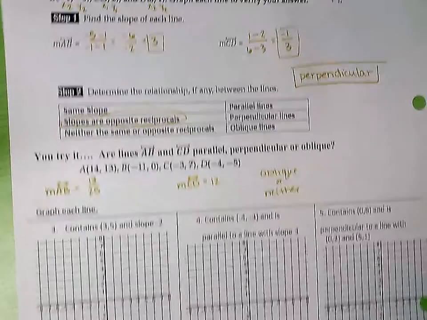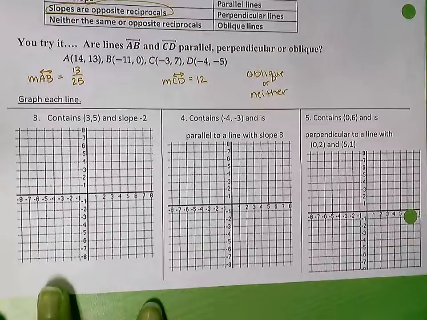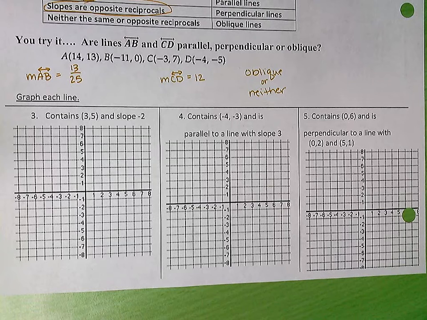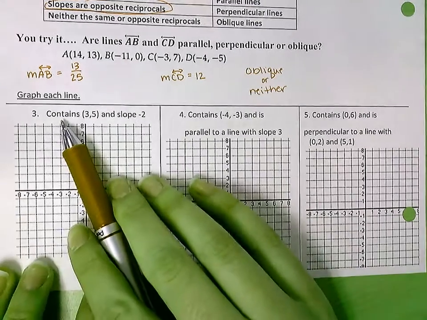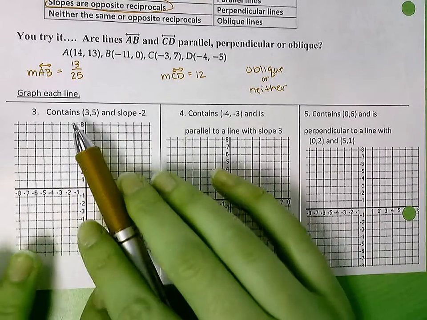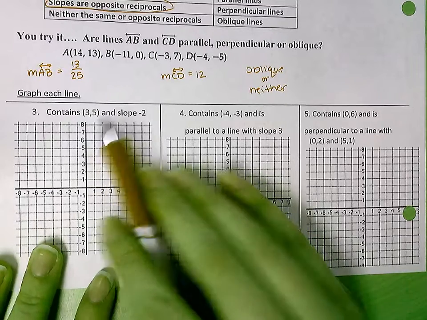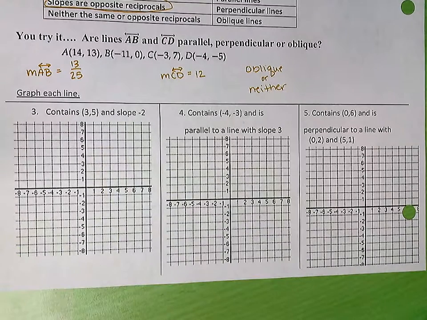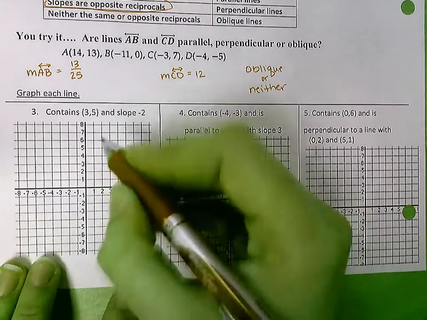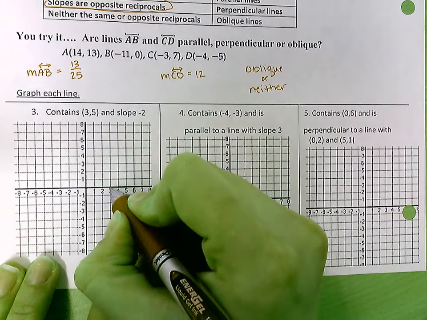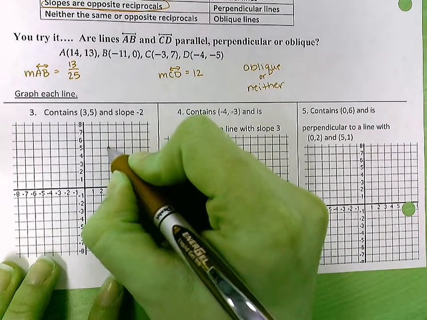All right, so the last section here, I have some graphing lines. So I just want you to use the straight edge of the protractor I handed you. You don't actually have to use the protractor, just the straight edge part. So in number 3, we want to graph the line that contains (3, 5) and has a slope of -2. Okay, so I'm going to plot my point. So right 3, up 5.